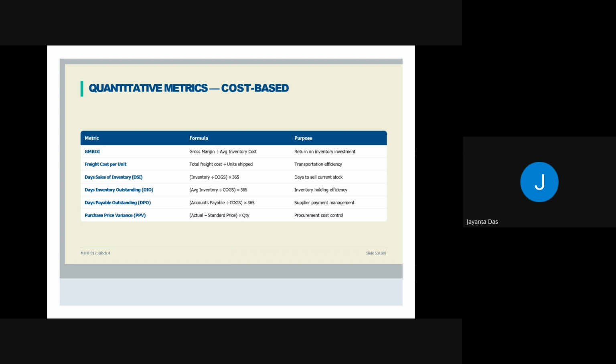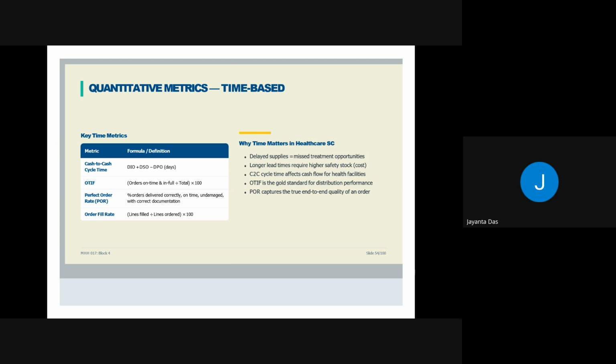So these are the things by which you can quantitatively measure, and you can take decisions for further corrective measures or further improvement thereon.